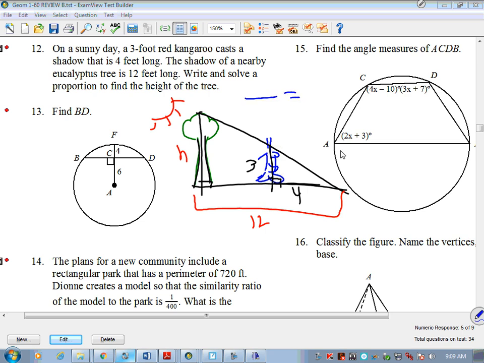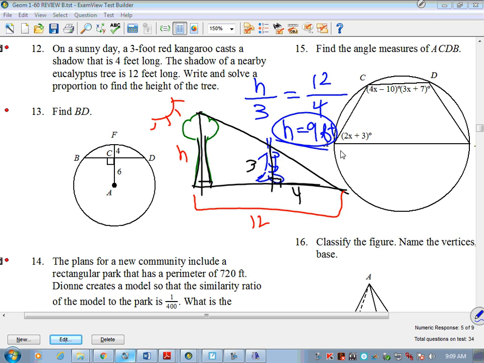So we put H for tree height over kangaroo height, 3, is equal to tree shadow, 12, over kangaroo shadow, 4. We're going to take 3 times 12, which is 36. 36 divided by 4 is going to be 9 feet. So the height of the tree is 9 feet.